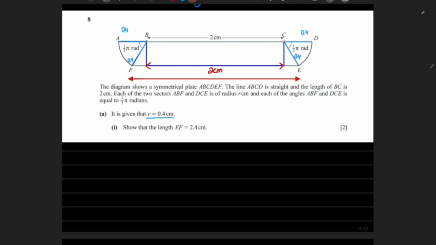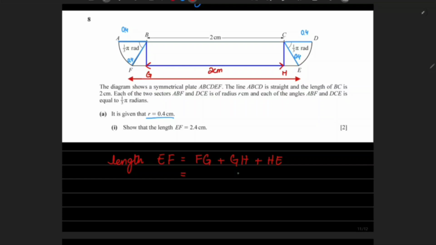Now how can we find it? If we name this point G and this point H, then EF length would be equal to FG length plus GH length plus HE length.